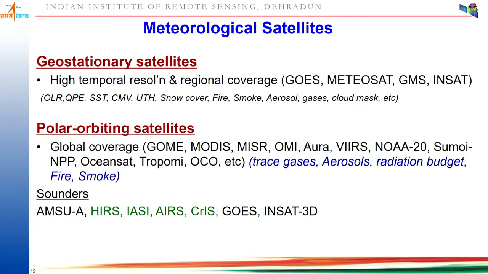And these are some of the products or the information, that is the outgoing long wave radiation. We know that there is short wave radiation coming from the sun, and this is outgoing long wave radiation which is emitted from the Earth surface.